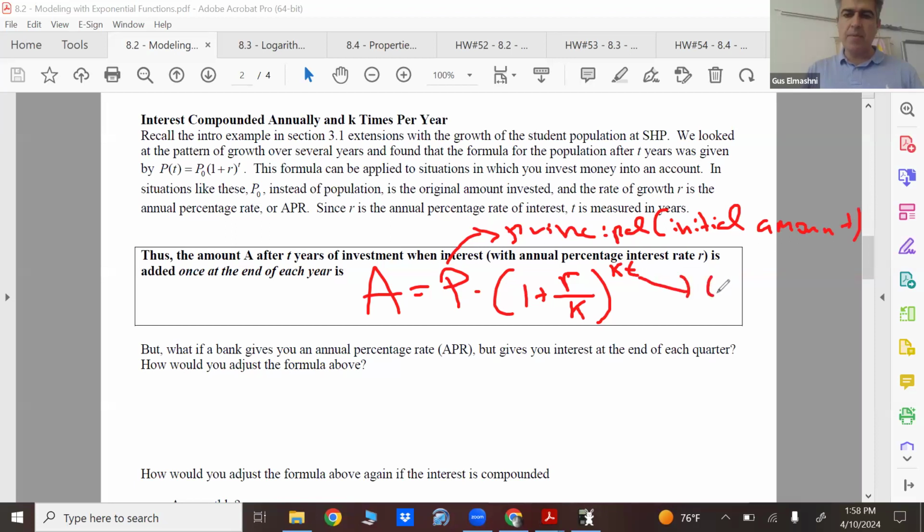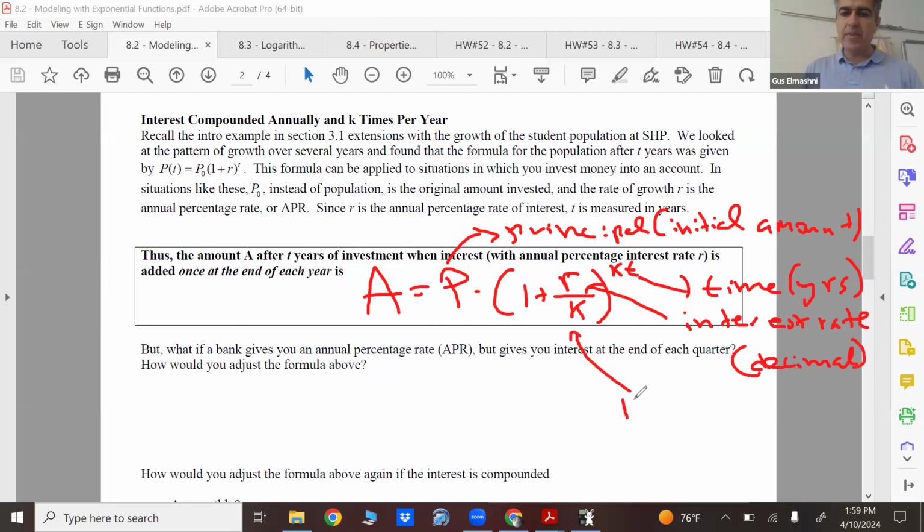T, of course, is time in years. R is your interest rate, so it's going to be a decimal, because if you say 5%, you write it as 0.05.